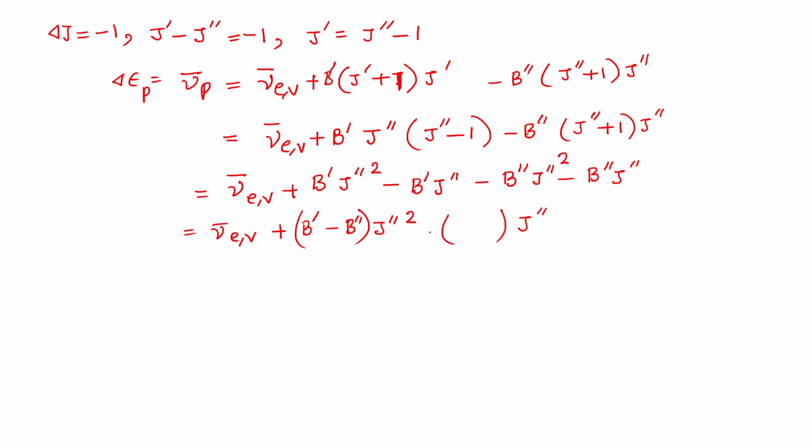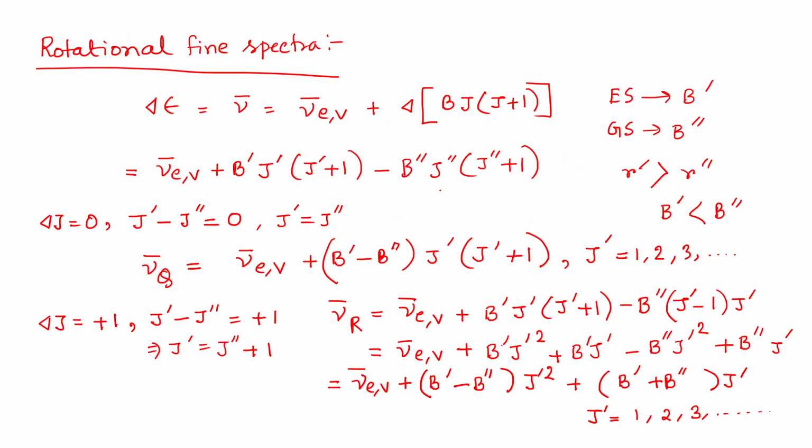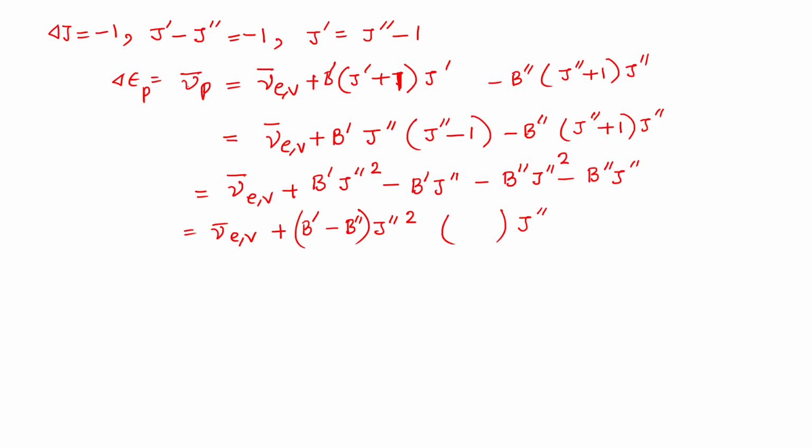And suppose if the previous one was all plus, so let us take also B dash plus B double dash, then it would have been minus, right? Yes. So what is the common equation we got for PQ?